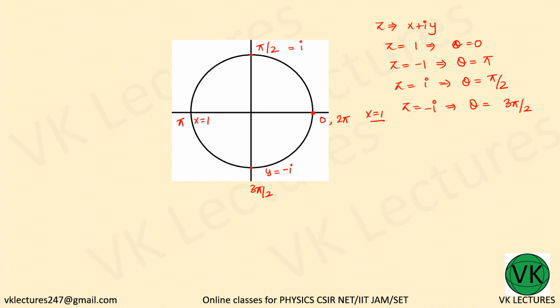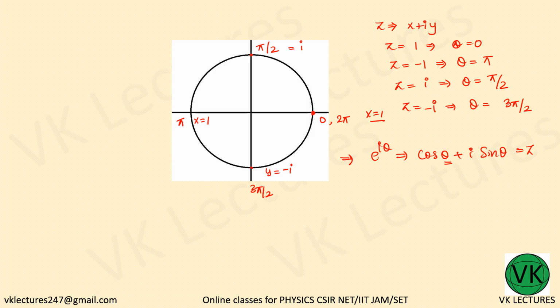Now this is the same thing, you can get it from e to the power i theta, which is equal to cos theta plus i sin theta. Then z equal to e to the power i theta.